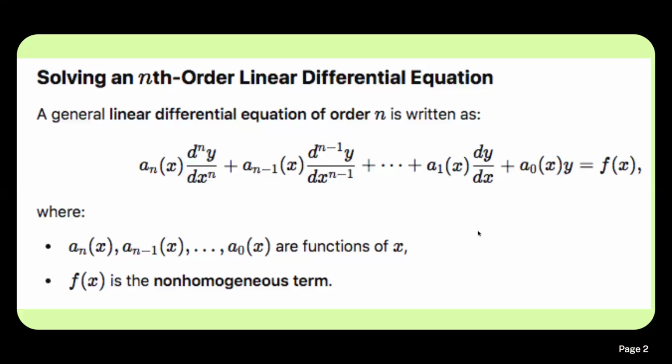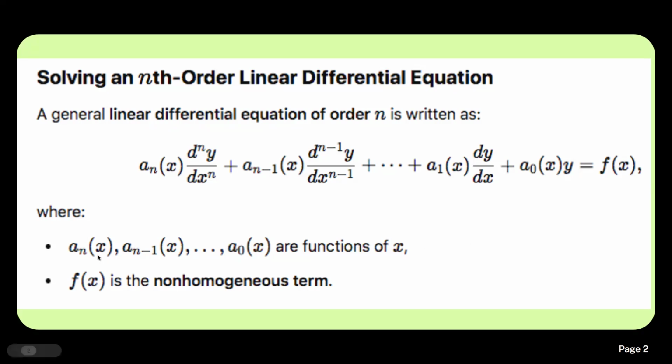Okay, then we start. A general form of the so-called linear differential equation of nth order can be written as a_n(x) y^(n) plus a_(n-1)(x) y^(n-1) plus ... plus a_1(x) y' plus a_0(x) y equals f(x), okay?